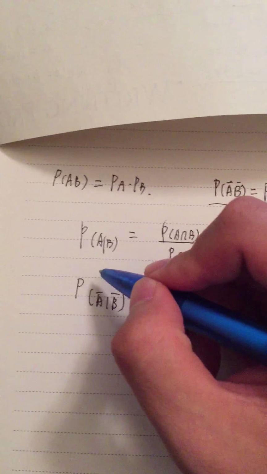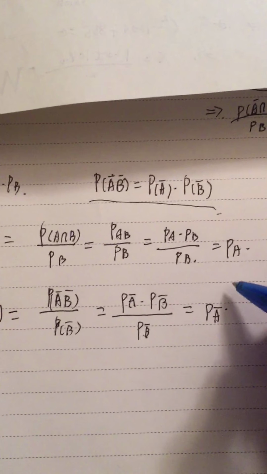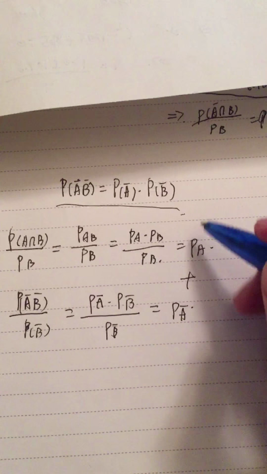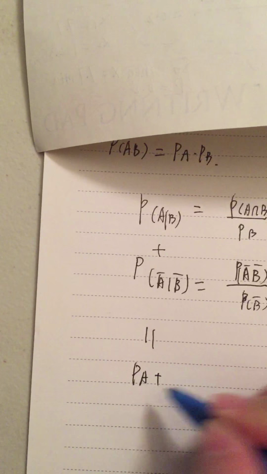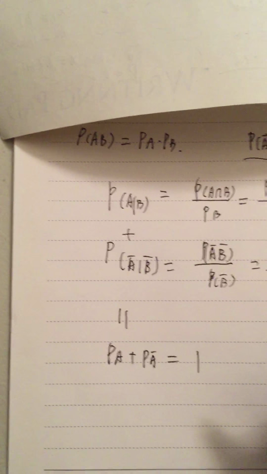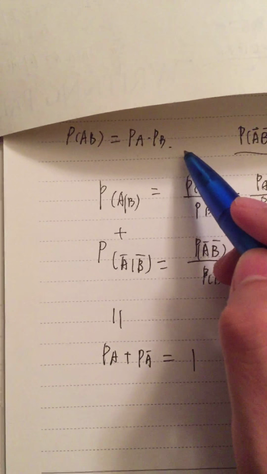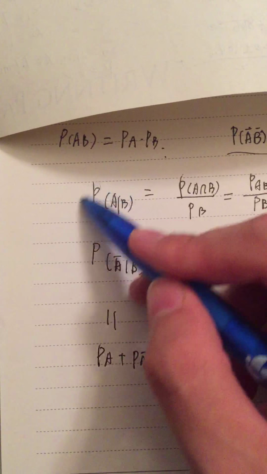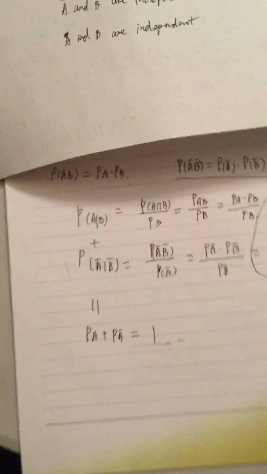So this plus this is exactly this plus this. So we get P(A) plus P(not A), and this is exactly 1. So we got that if A and B are independent, then this equation is equal to 1. That's it.